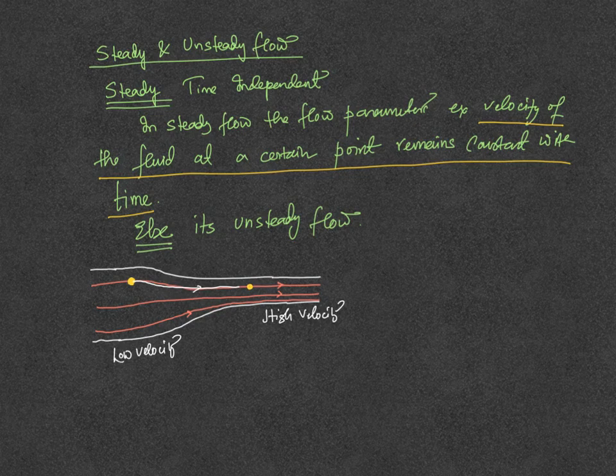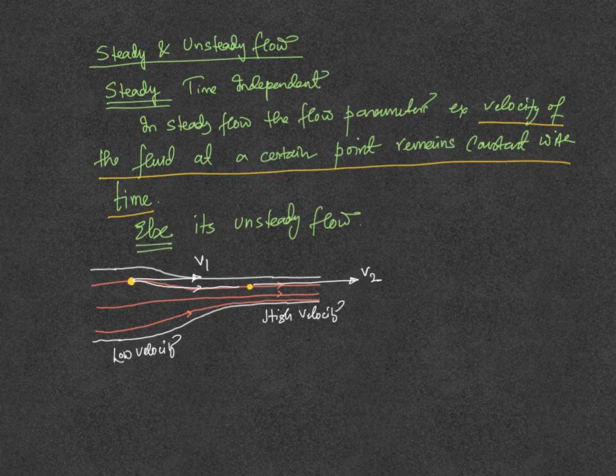But what happens? Once this fluid particle moves to this position to the right, it is replaced by one more fluid particle, right? Then also its velocity remains same. That means suppose the velocity at this point is v1 and velocity at this point is v2.